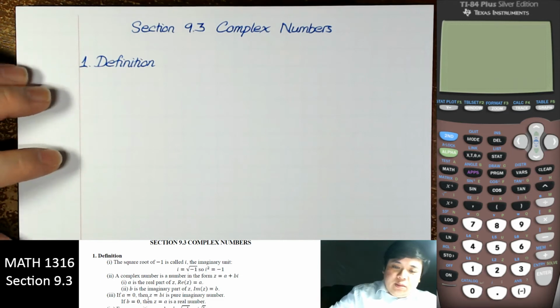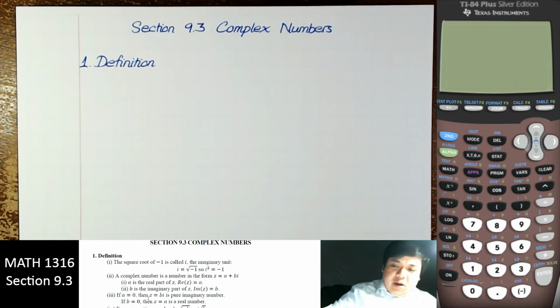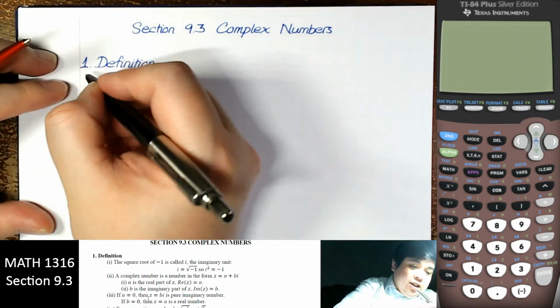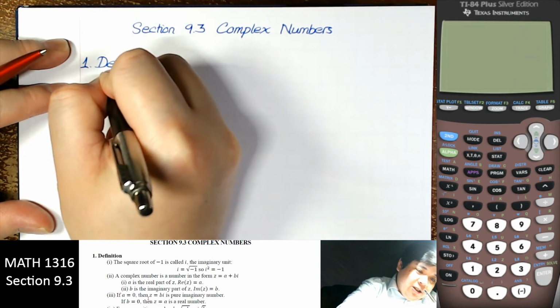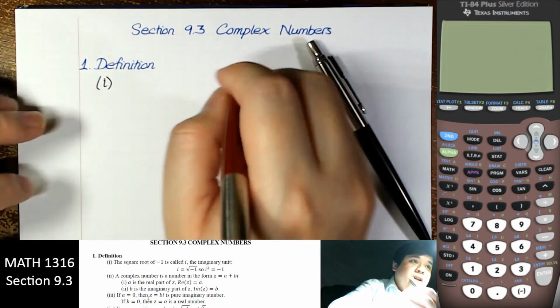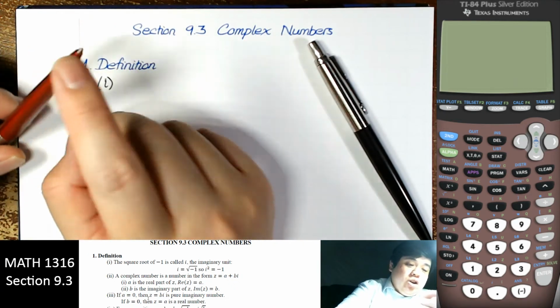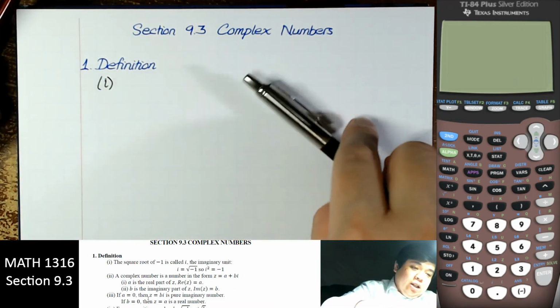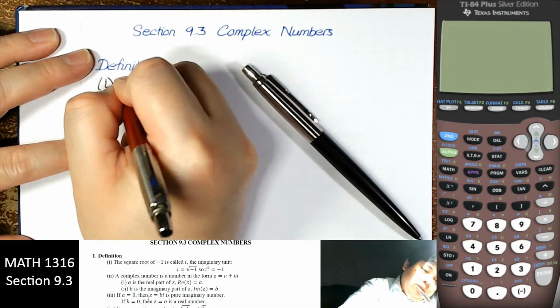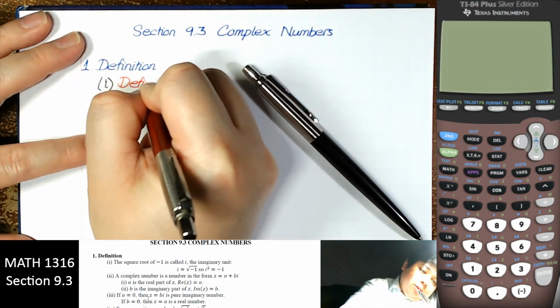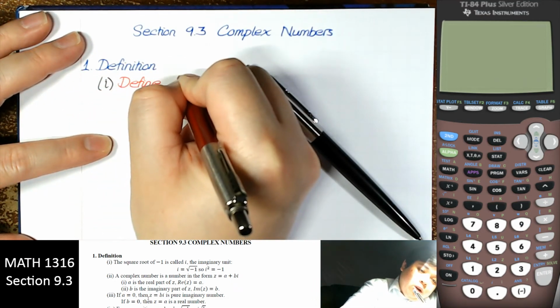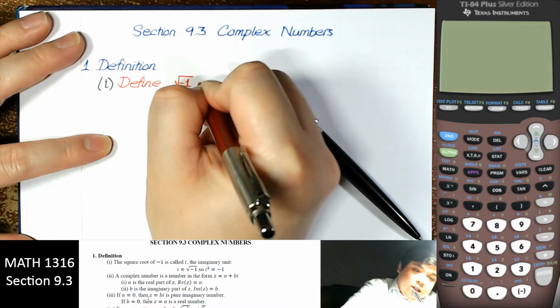First, remember we define that the square root of -1 is called i, the imaginary unit. So we define the square root of -1 is equal to i.